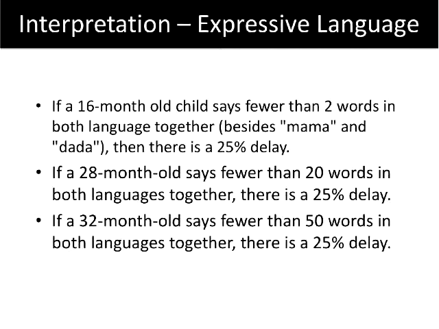And if a 32-month-old says fewer than 50 words in both languages together, there's a 25% delay. So for very many of the children that we will assess and meet in early intervention practices, we can use this very simple measure to start helping us determine whether a child has a quantifiable delay using some kind of assessment tool like the ELAP.